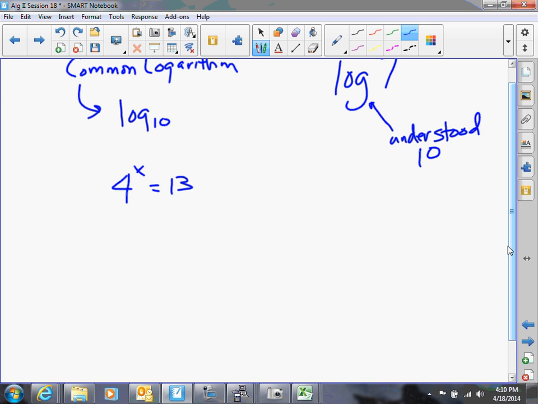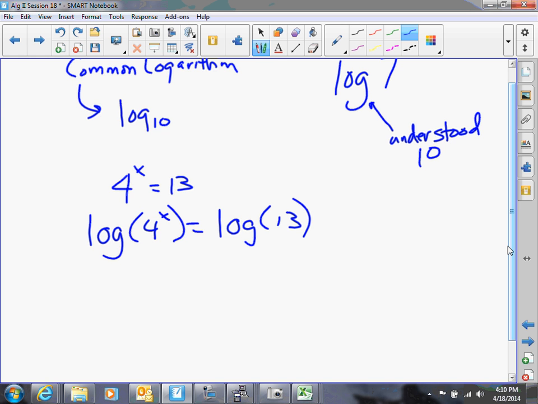But what we can do to solve this equation is take the log of both sides. The log of 4 to the x is equal to the log of 13 by the one-to-one property of logarithms. One of the properties that we talked about last time, and I said this is one of the things that makes logs so very useful, is that when you're taking the log of a power, the exponent on the power can come out as a coefficient.